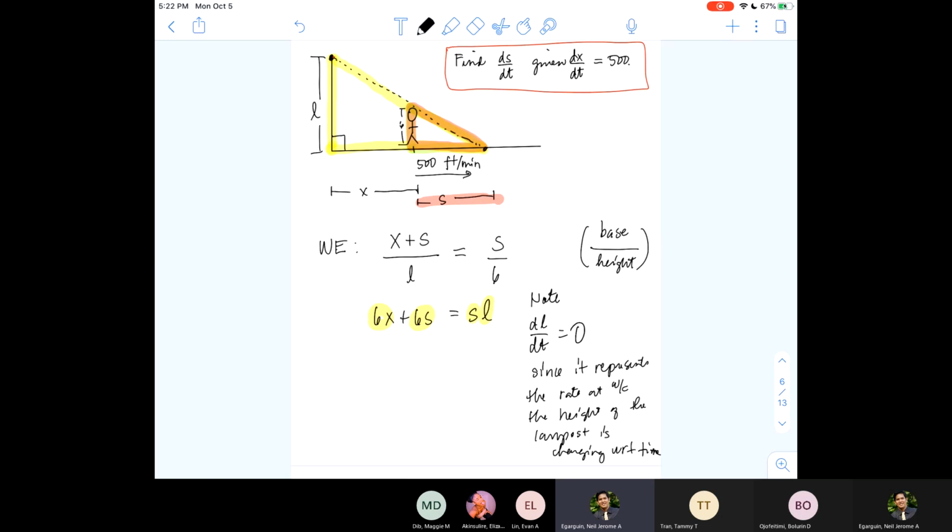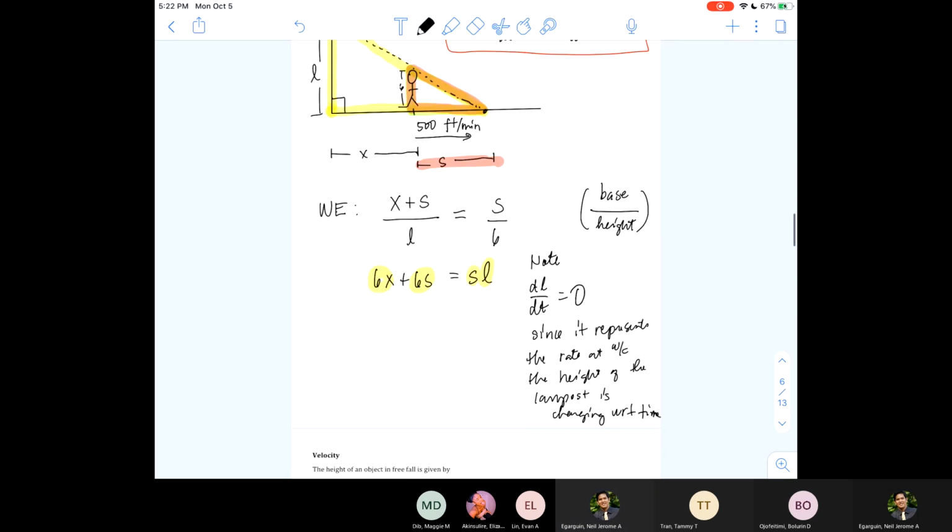So you see here the dynamics between interpreting the problem and just looking at it from a mathematical point of view. We might have run into a problem if we don't know what dl over dt is. But a careful reading of the problem will tell us we don't need to worry about dl over dt, because that will just be equal to 0. After all, the length of the lamppost is constant through time, so it doesn't change. So dl over dt would be equal to 0.